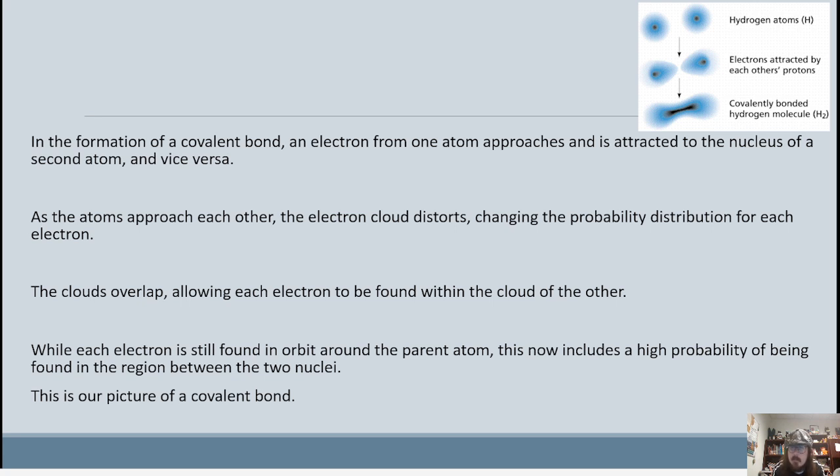Now, eventually the atoms get close enough that the clouds have now fully overlapped. So it's allowing the electron within one cloud to be found within the same probabilistic region of the cloud of the second atom. Now, that's not to say that the electrons of atom 1 now belong to atom 2, but they're being shared.